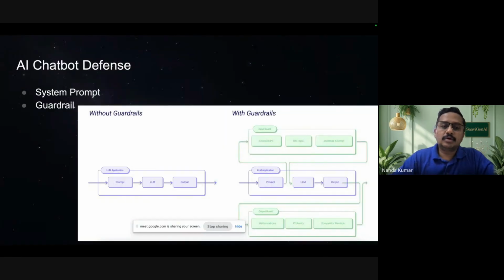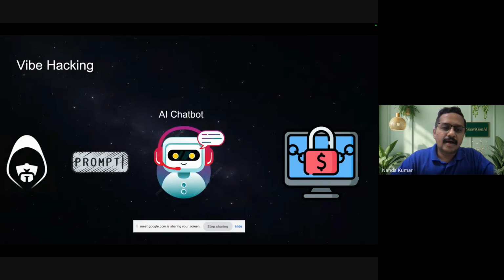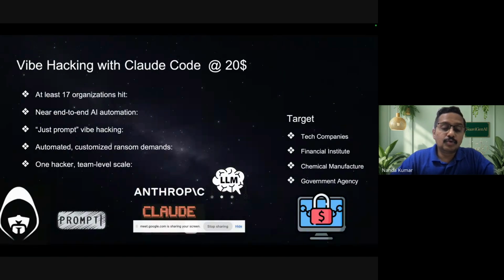Now, with all this system prompt and guardrails, how was the hacker able to trick Anthropic's Claude Code into doing something very offensive? How is it possible? It's all by prompting.